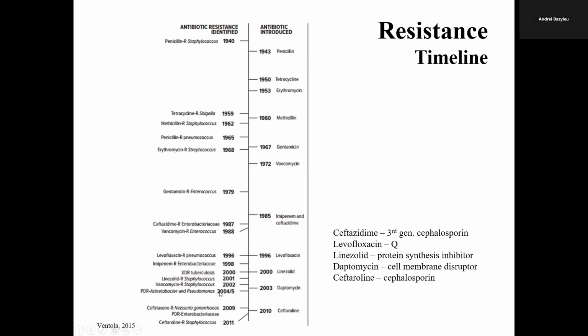And on the left-hand side, the year when the first reports of antibiotic resistance were published. So what you can see here is that for some antibiotics, for example, tetracycline, which was a huge antibiotic back in the day, it was first introduced in 1950, and then for 9 years at least, there were no reports of tetracycline-resistant species. So 9 years is something, right?